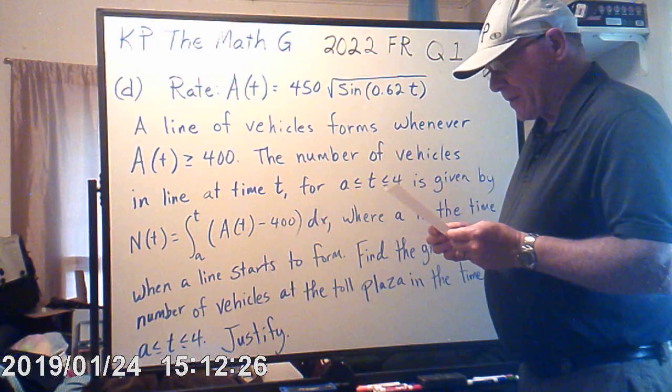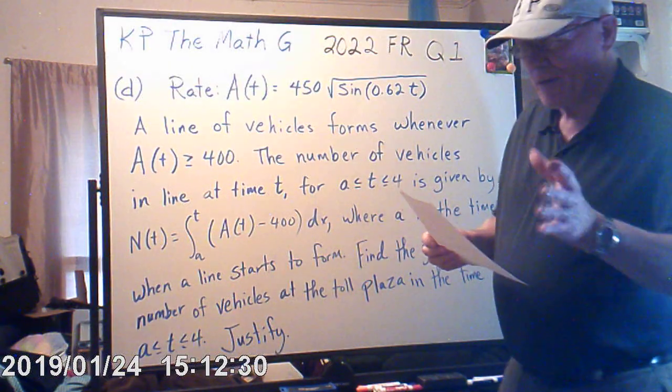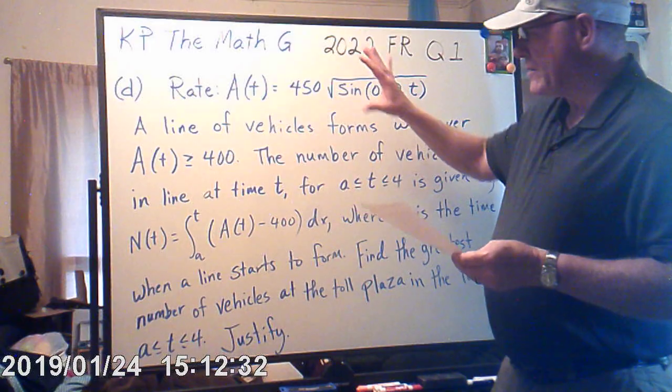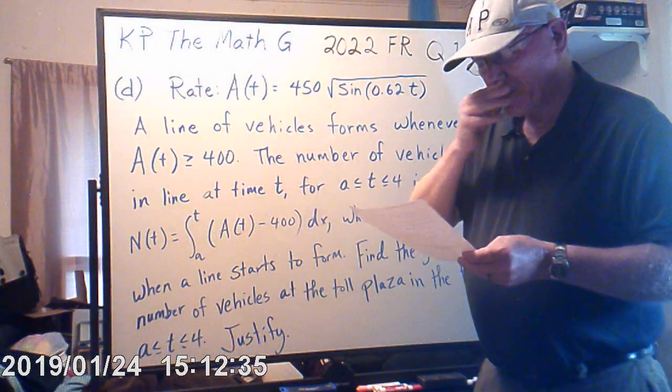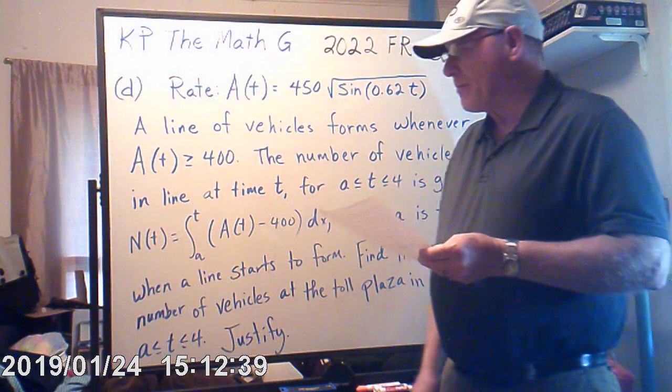Traffic is flowing smoothly at 5 a.m. with no vehicles waiting in line. Some of this writing has to do with parts A, B, and C, but I'm going to do just part D.